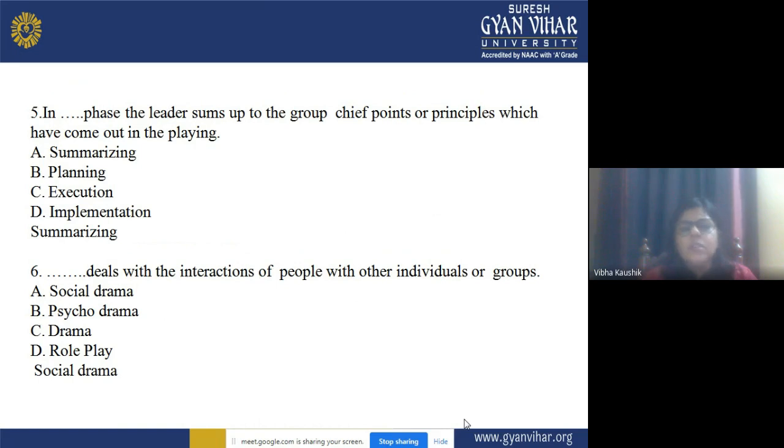So these are the options. Now students, you have to select the correct answer on the basis of the given choices, and the correct answer will be option A, that is social drama. So we can say social drama deals with the interaction of people with other individuals or groups.